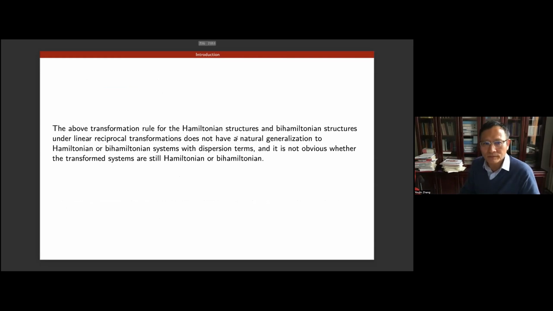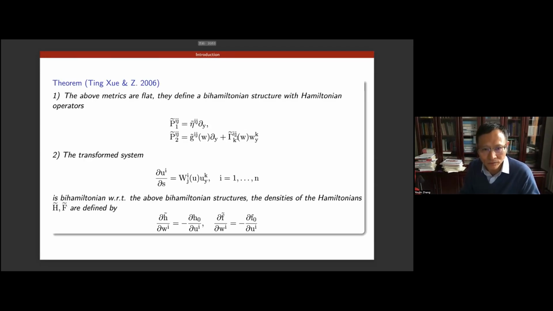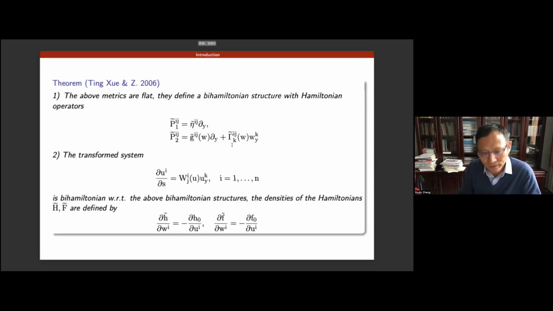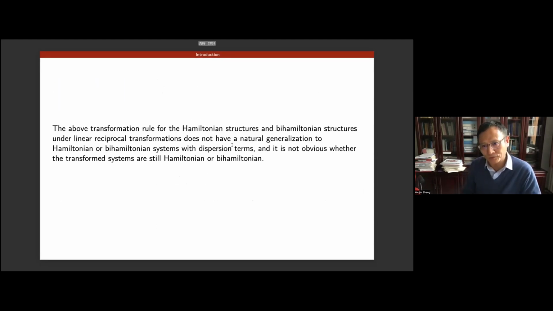However, we want to generalize this kind of result to bihamiltonian systems with dispersion terms, not only bihamiltonian systems of hydrodynamic type. When we tried to generalize such a transformation law, we failed to give a generalization.